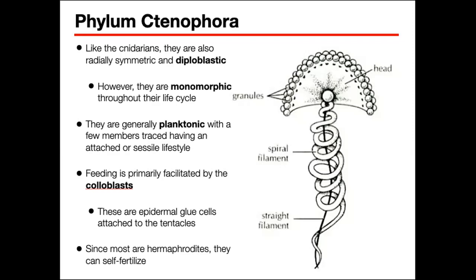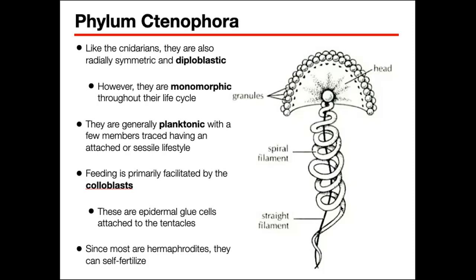And they are monomorphic, no, or they are monoecious throughout their life cycle. And they are just freely floating, no, although some organisms are known to be sessile or attached to the substrate. And yung feeding mechanism nila is primarily facilitated by what we call colloblasts. Okay, these colloblasts right here, these are actually epidermal glue cells that's attached to their tentacles.